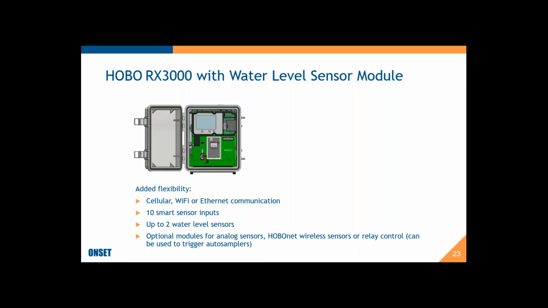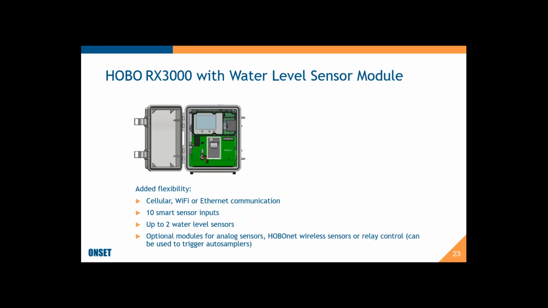Somebody was asking, are our MicroRX stations backwards compatible with our prior HOBO water level loggers? They're not compatible. The MicroRX station is not compatible with our U20 series water level loggers.